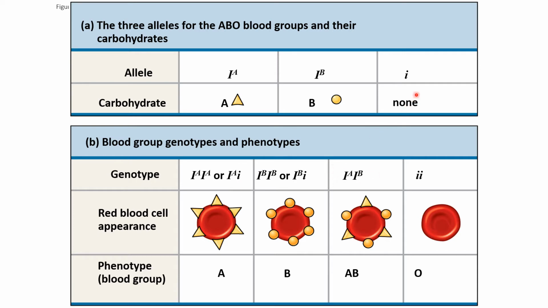That means here IA is dominant and i is recessive, and also for IBIB and IBi give the group B. But when the allele A and allele B are both present in the genotype, it will show both characteristics, that is A and B. For the O blood, actually there is no carbohydrate around the cell membrane, and we name it O. So from 3 alleles, we have 4 groups of blood.